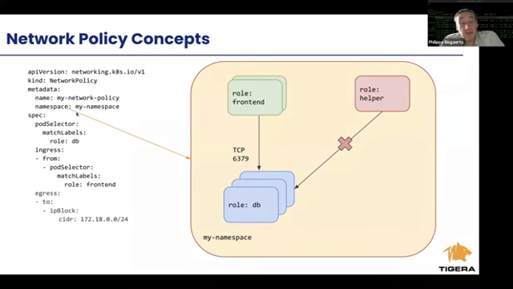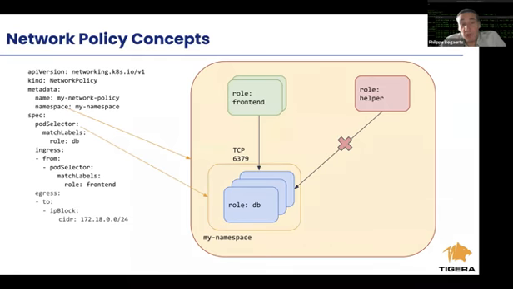You can specify the namespace inside of the network policy. That means the set of rules that follow will only be applied in the namespace called my namespace. This exact behavior can be obtained with Calico network policies, but Calico network policies have the ability to be global. In Kubernetes, it's always per namespace.